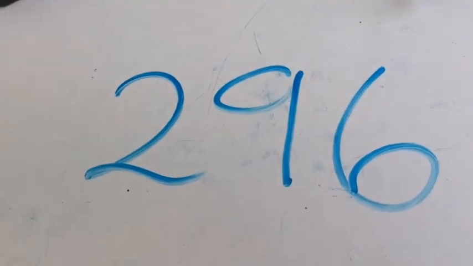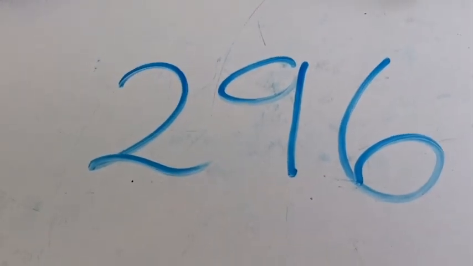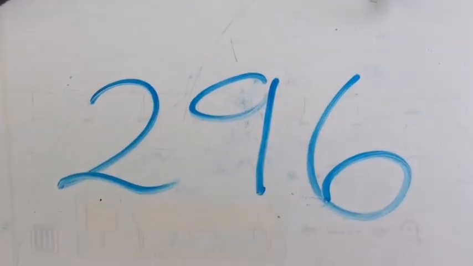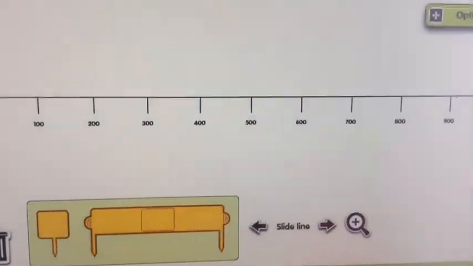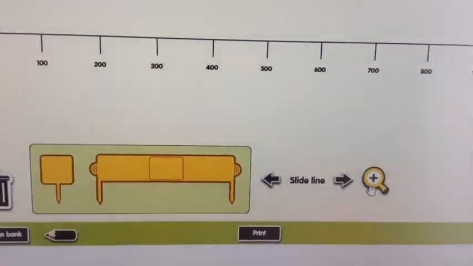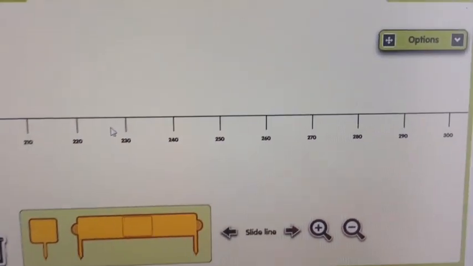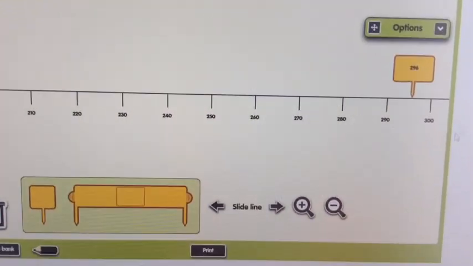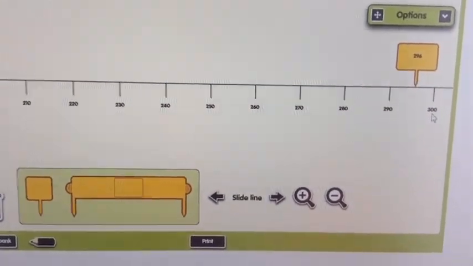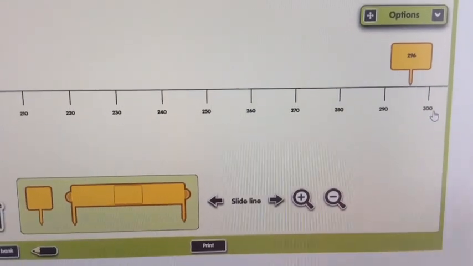How about 296? That's very close to a multiple of 100, isn't it? It's between 200 and 300. So let's zoom in. And you can see it's very, very close to 300. So we'd round it up to 300.